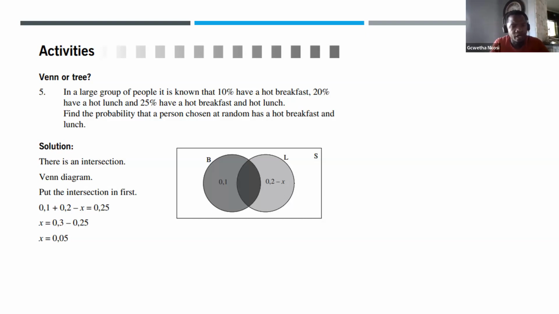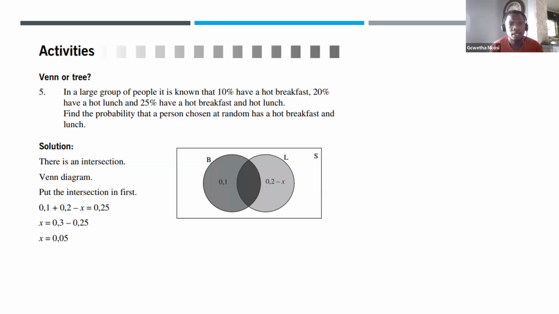But by looking at the statement, the intersections have already told us that we are going to use a Venn diagram. Remember, with tree diagrams, we don't use those words of and intersections. Since they've already told us in the statement, it is an intersection.